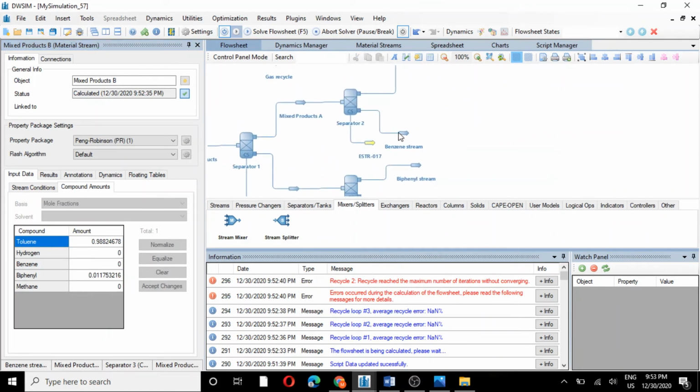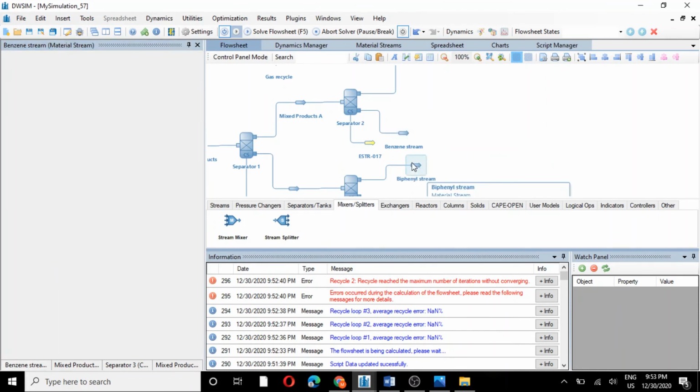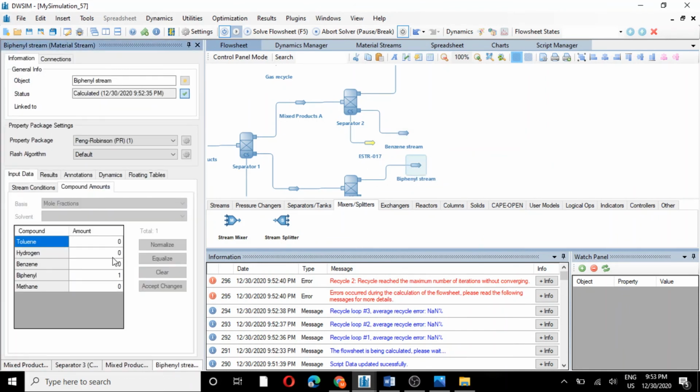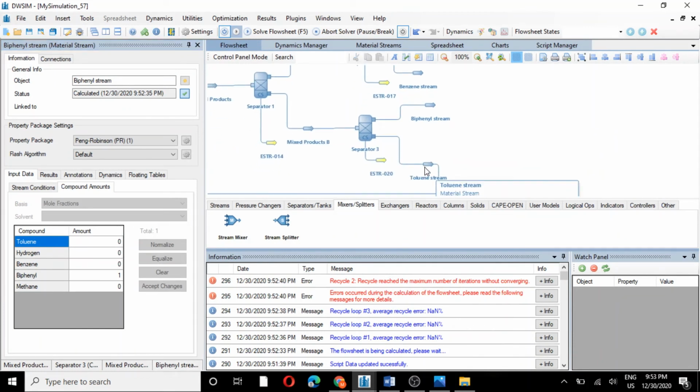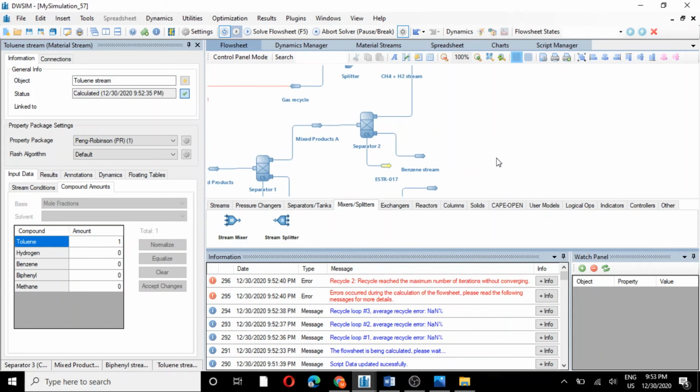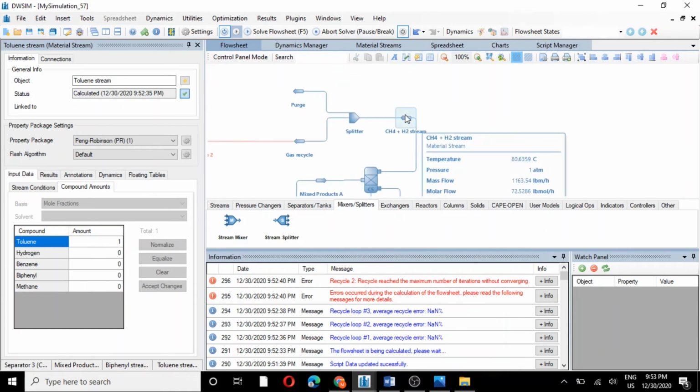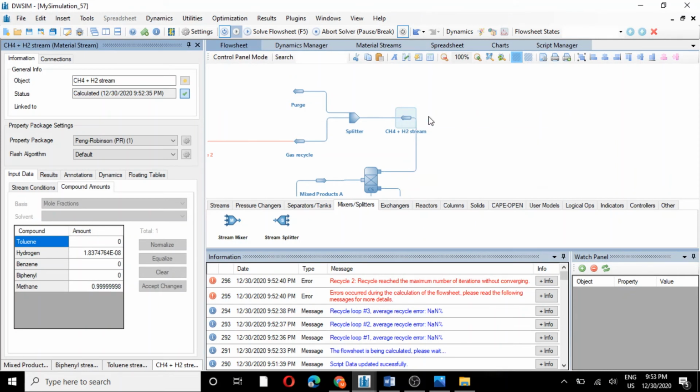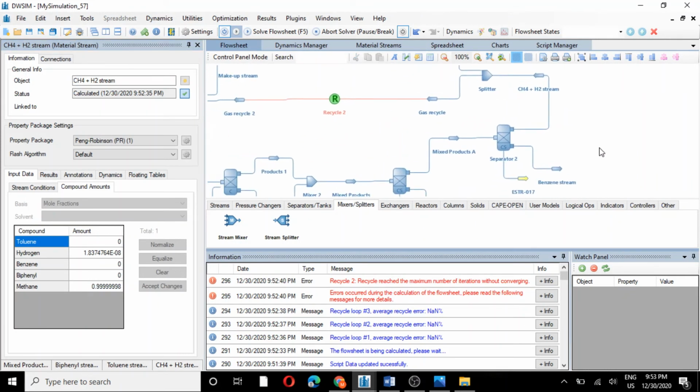In the benzene stream, we only have the benzene, and for the biphenyl, we only have the biphenyl. In here, we only have the toluene stream. And in here, we have the hydrogen and methane.